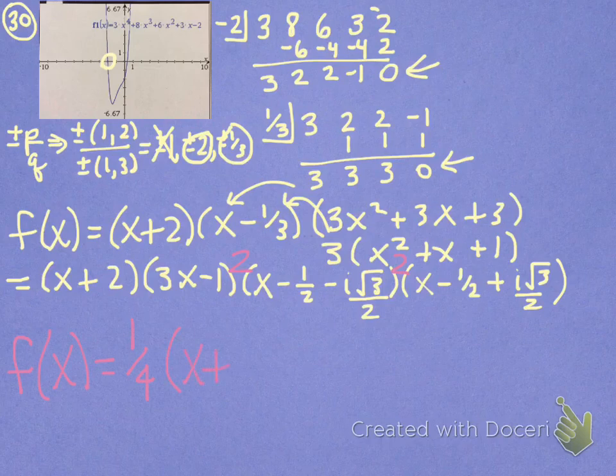So we have x plus 2, 3x minus 1, and when I distribute my 2's in, I'm going to have 2x minus 1 minus i on the square root of 3 times 2x minus 1 plus i on the square root of 3, and I just squeezed that into the screen, and that's it.